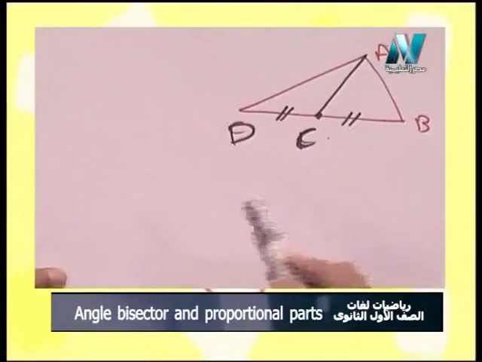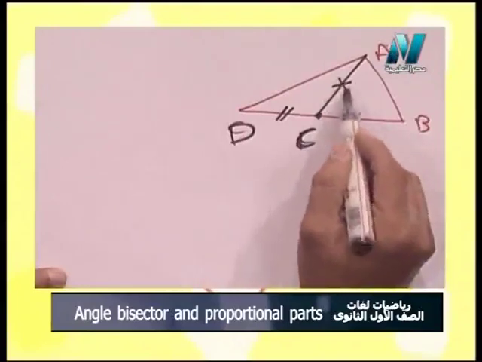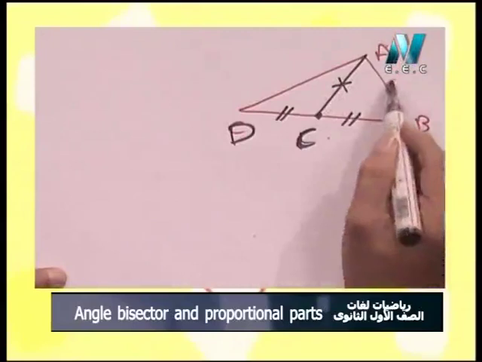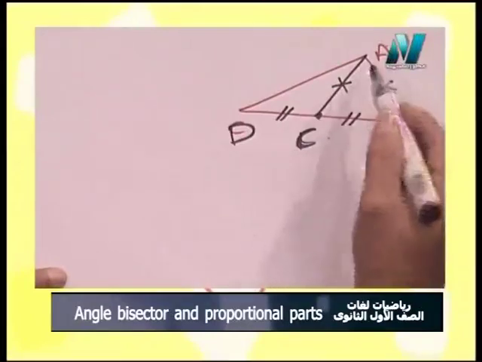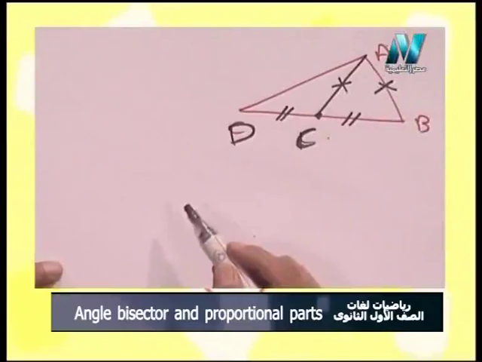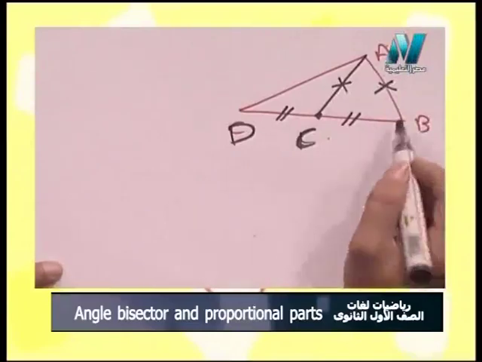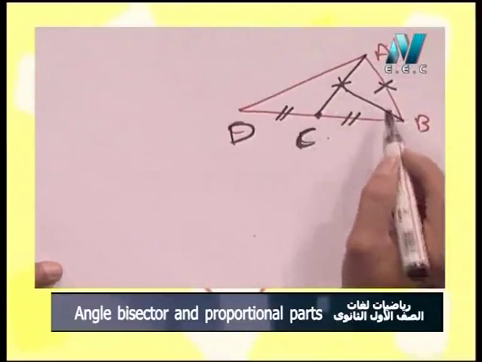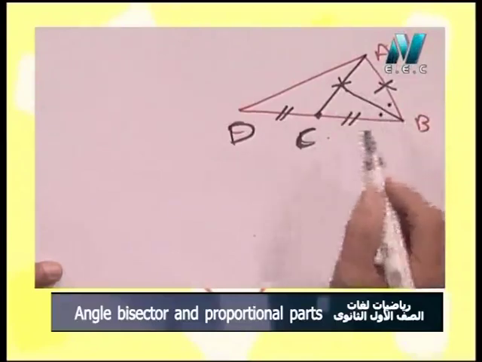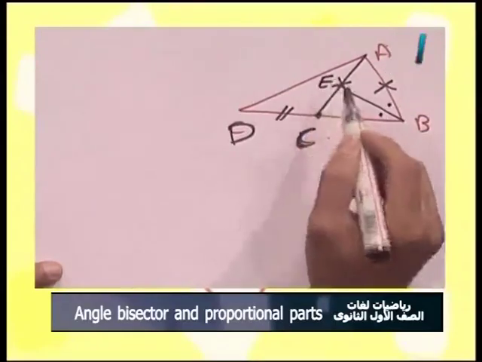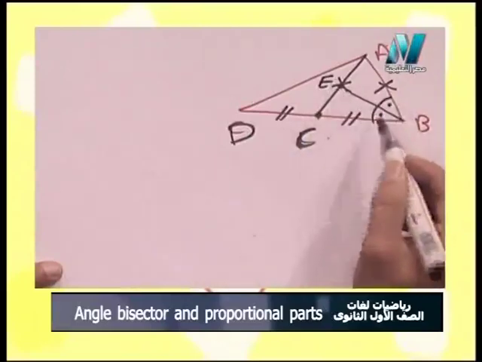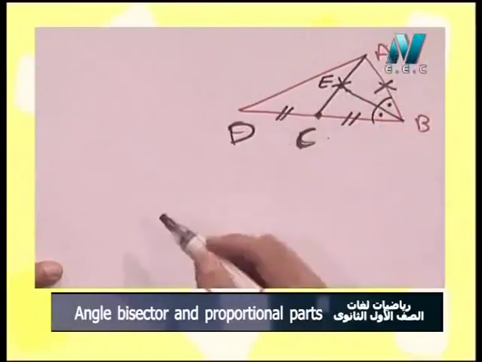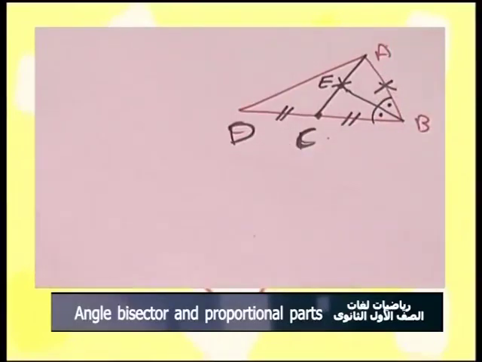And we have also that this side, which is AC, equals this side, which is AB, so ABC is an isosceles triangle. And we have a bisector here like that. We call this point E. So we have BE as the bisector of the angle B in triangle BAC. And we have also EF.